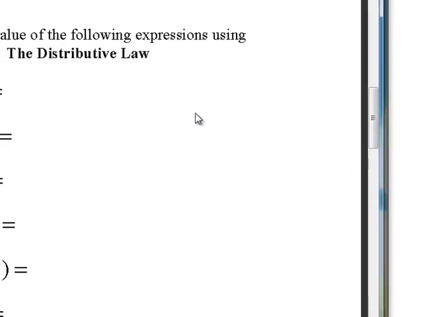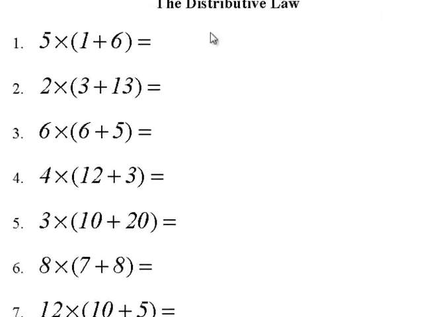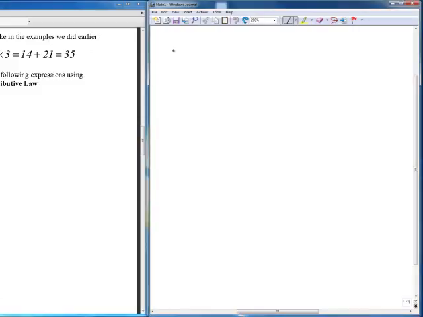So let's have a look at a couple of examples. All these you're gonna calculate and write them out like this. So let's do the first one. We're not gonna do it this way: 5 times 1 plus 6, and then just calculate this.